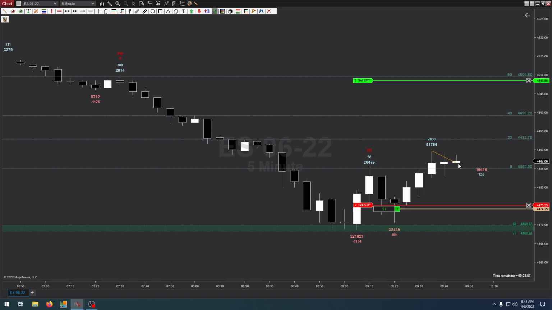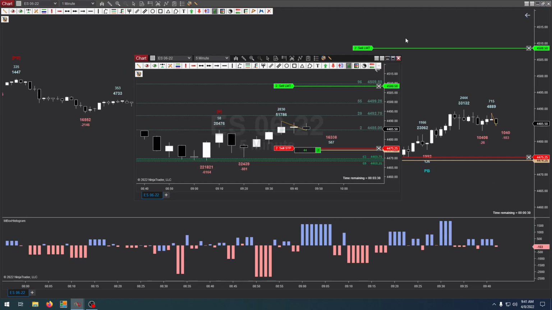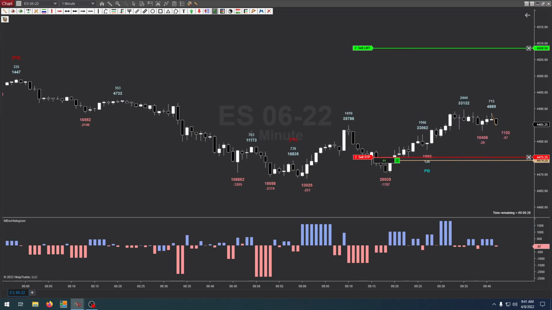No, we're getting ready to change colors, it looks like, and go back down here to this level. Just like that. Okay. Which we already know we want to confirm a swing short. So it's not a surprise.